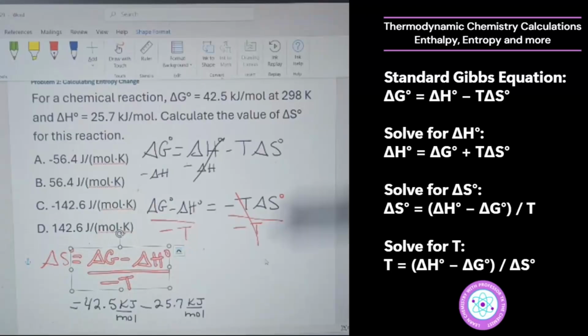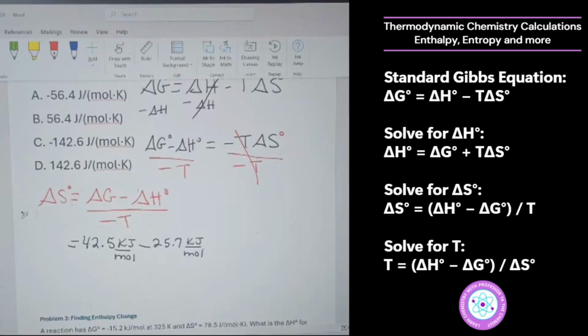The temperature here was 298 Kelvin. And that's negative, okay? So I'm going to put that on the very bottom right there.